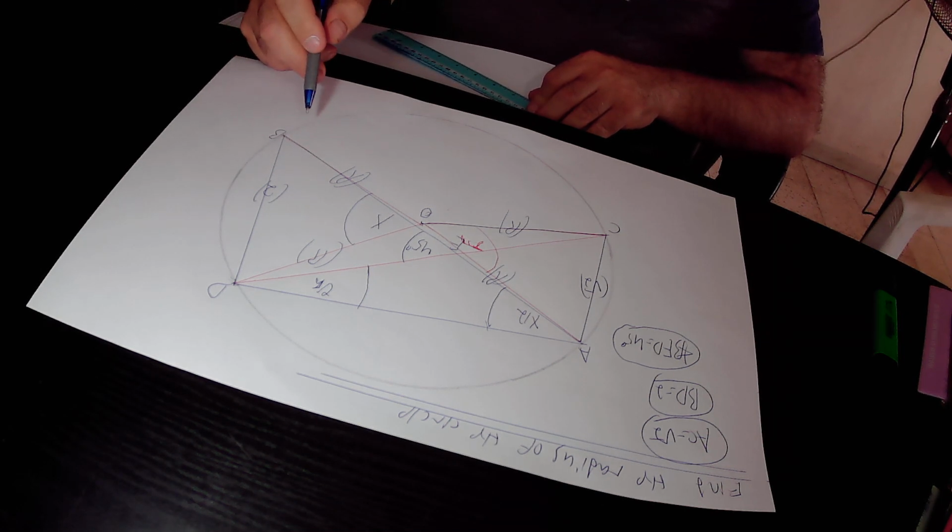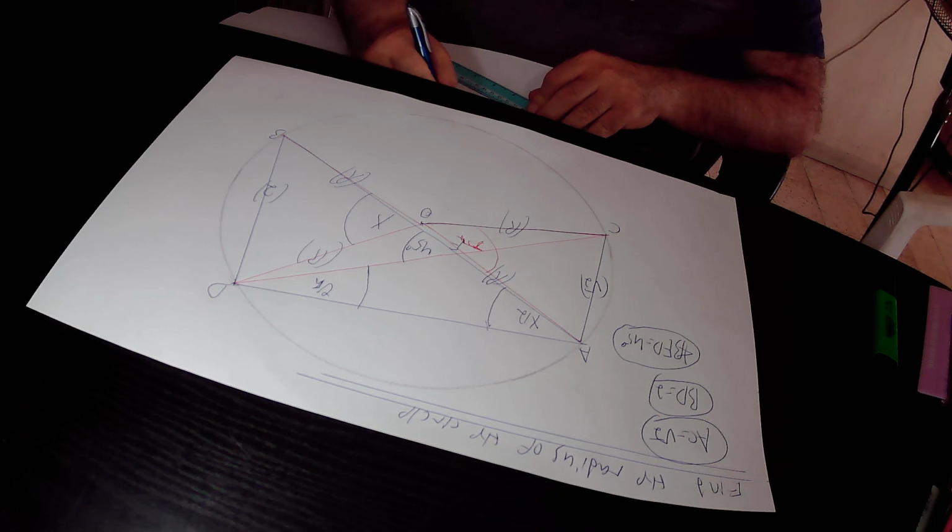Side DB of triangle DOB equals 2 units according to what is given in the question.